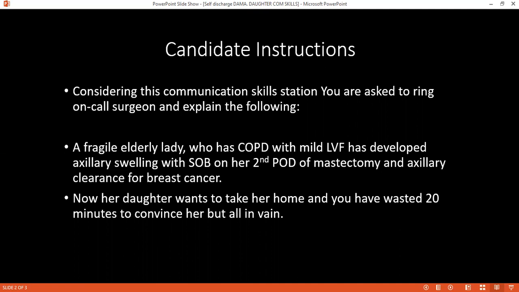I've already brought out legal forms for her to sign, stating that if any complications arise, it will be her decision. I've also left my number with the nurses, in case they change their minds and want to come back to the hospital. Okay, thank you, sir.